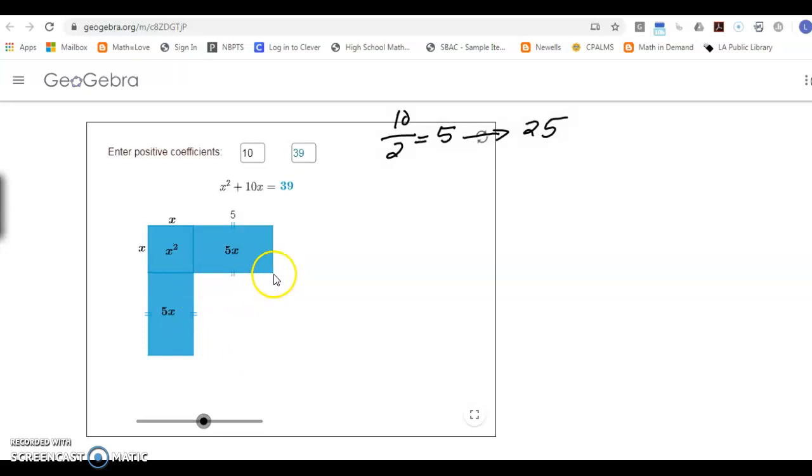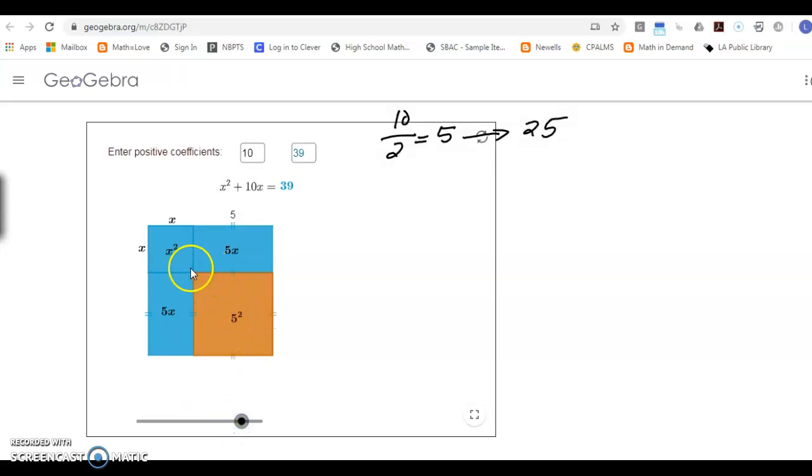Well, we're going to fill it up with a shape that has this side as a length and this side as a width. But since they have two marks, we know that these two sides are congruent to each other. So if we're going to find a shape that will fill this white portion up, it has to be a square.